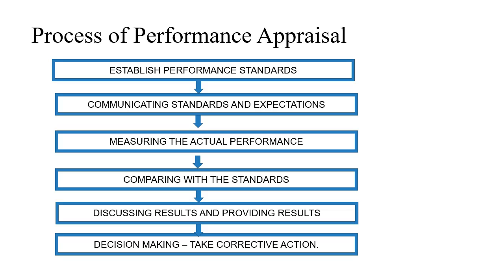The standards and expectations change from time to time. Then you have measuring actual performance. The actual performance of the employee is measured from four sources of information: personal observations, statistical reports, oral reports and written reports.